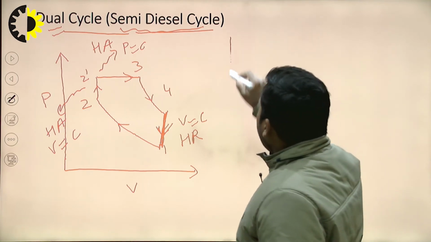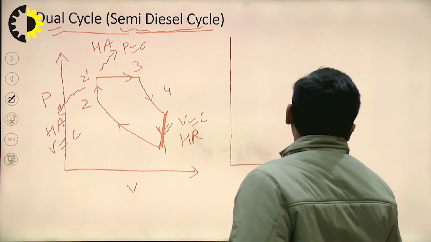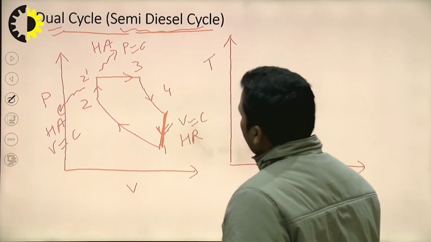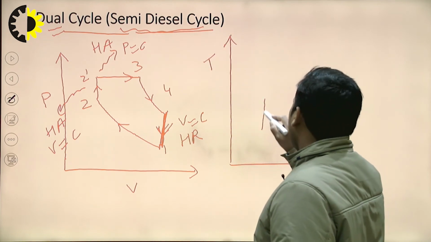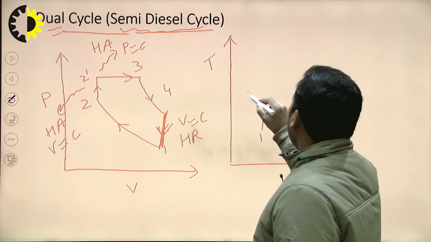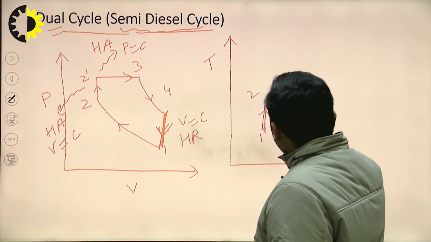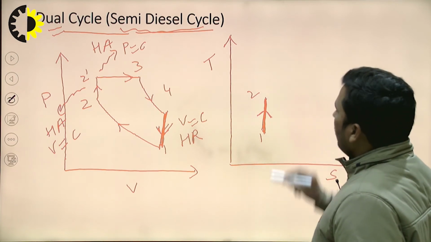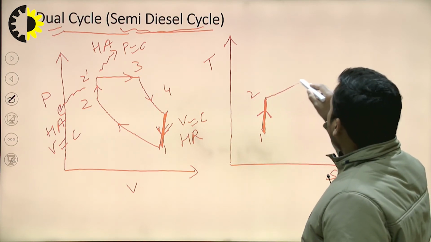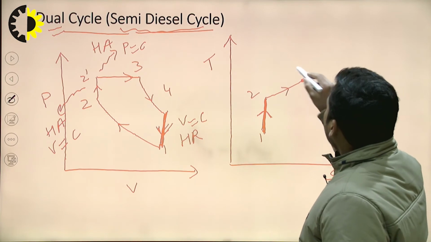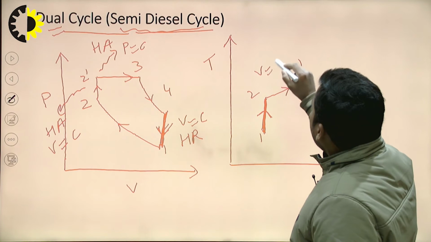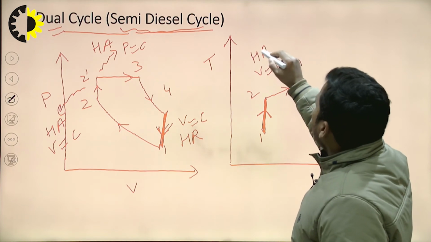So the TS diagram, temperature entropy diagram for the dual cycle: process 1 to 2 is isentropic compression process. Process 2 to 2 dash is constant volume heat addition process.